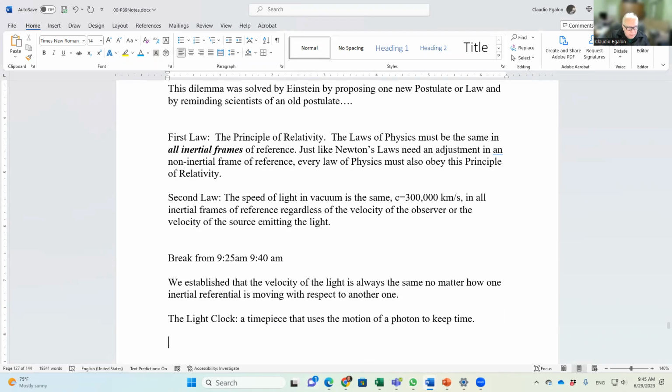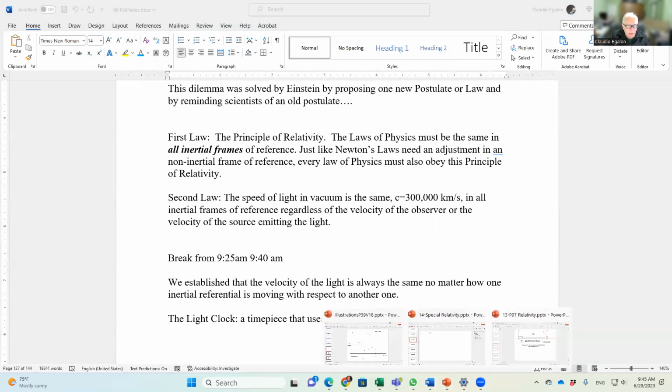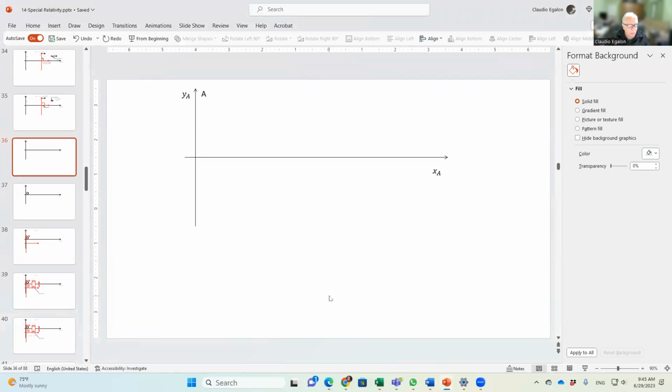And the way it works, the light clock is like that. Here you go, we have the referential A. Here we have an observer in referential A. What you see here is the eyeball of the observer in referential A, okay?